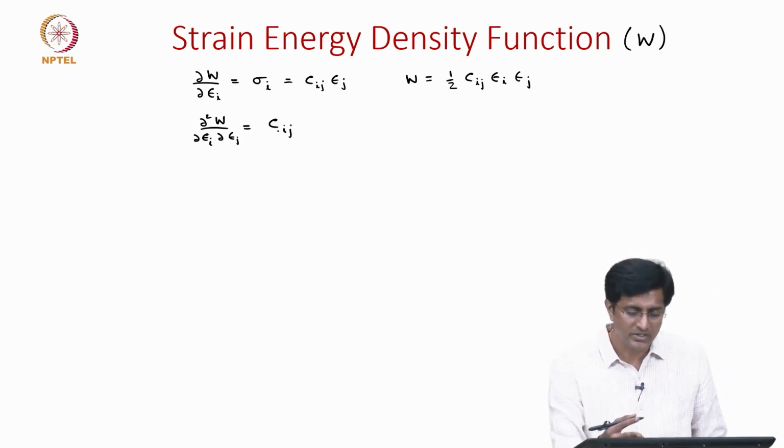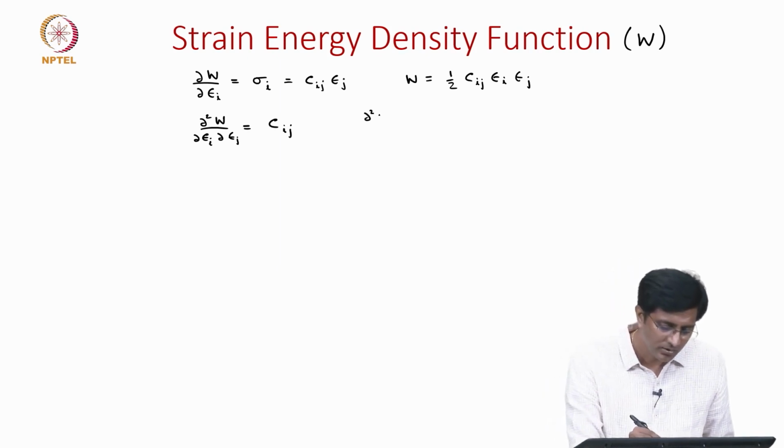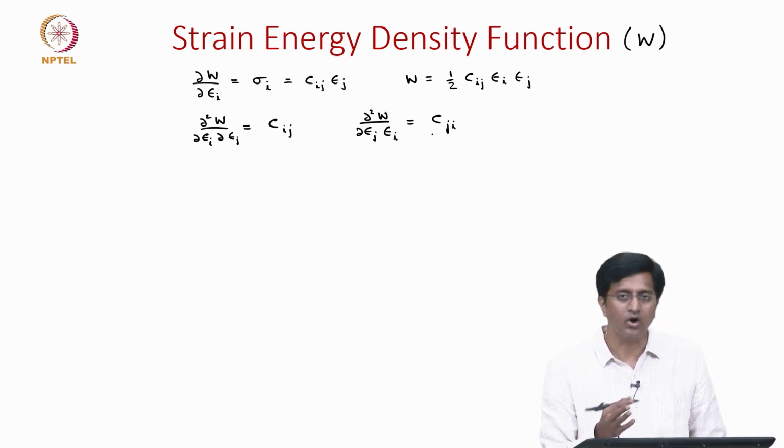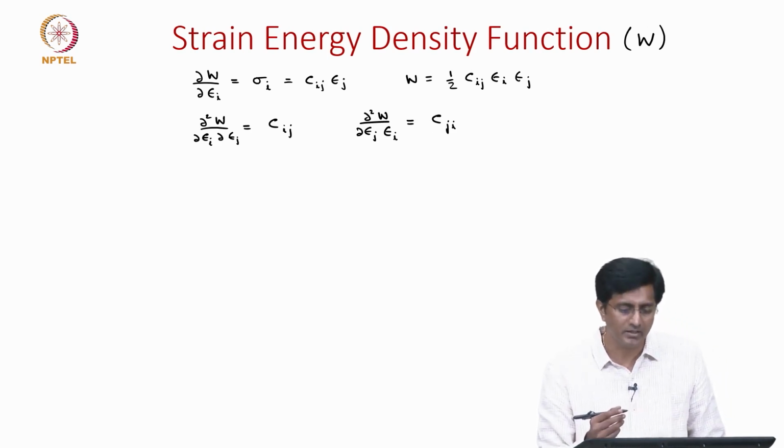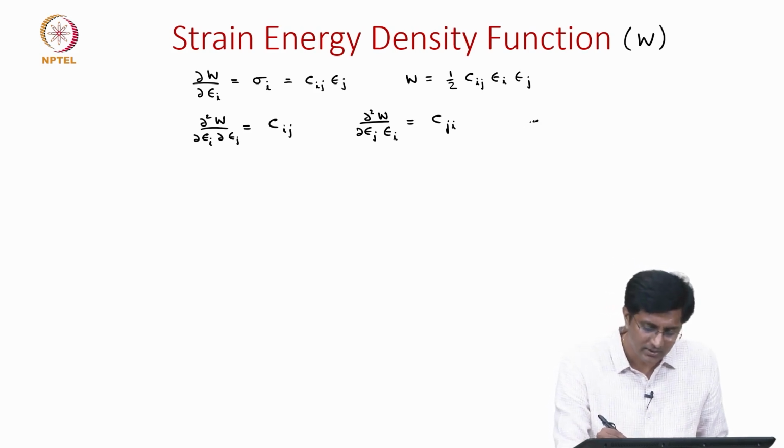But for the same strain energy density function, if I reverse the order of differentiation, meaning I first differentiate with respect to epsilon j and then with respect to epsilon i, then we will end up with C_ji. Since the order of differentiation does not matter, this essentially means that C_ij is the same as C_ji.